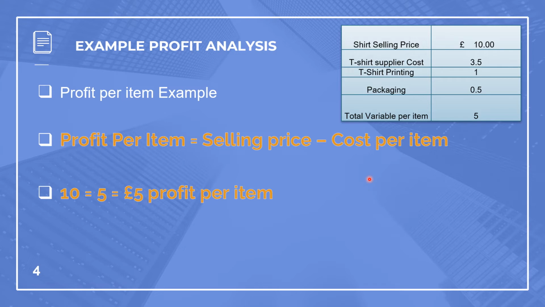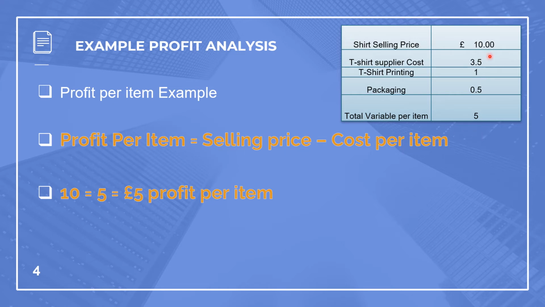So if we do a per item example, we can look at this t-shirt selling company. We are looking at our selling price of £10. So profit per item is selling price minus cost per item. We're starting off with £10 gets substituted into here. Then we need to look at our cost per item.